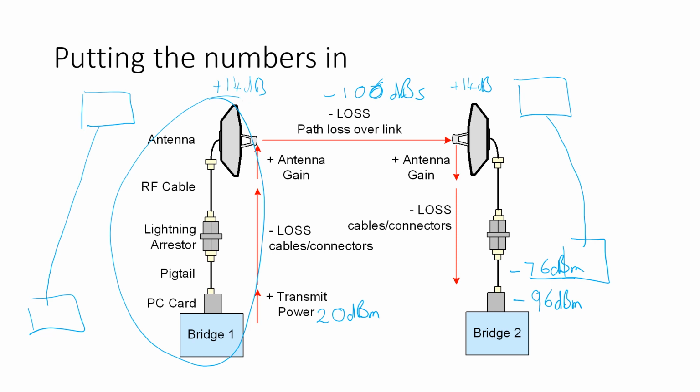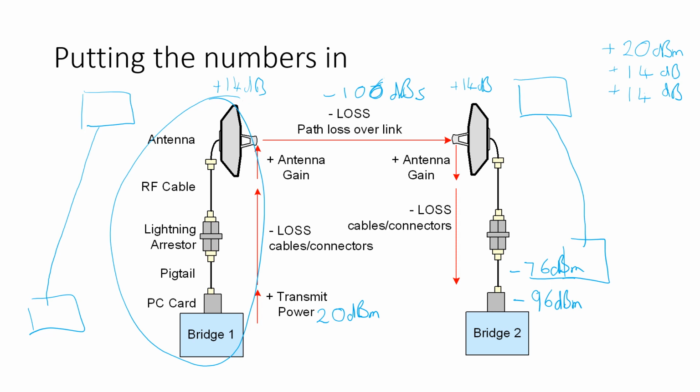So let's just take a look at how close or far we are from being able to deliver that power. If we start by assuming that the power output from our bridge is plus 20 dBm, and that we have a gain of 14 dB at the transmit end, so that's a plus 14, and another plus 14 dB at the receive end, these are just dBs.